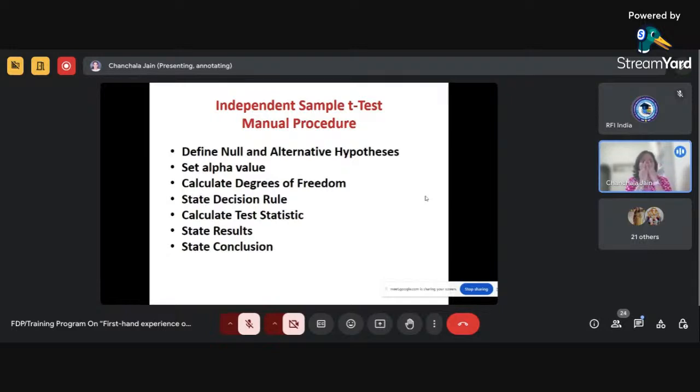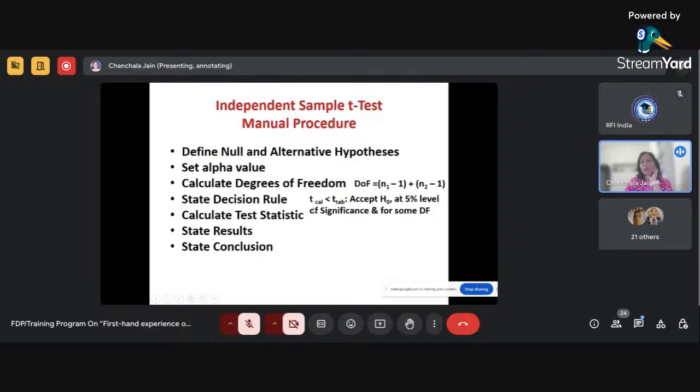Then we calculate the degrees of freedom, which is n1 minus 1 plus n2 minus 1. That means the sample size of the first group minus 1, plus the sample size of the second group minus 1, and the addition of these two gives you the degrees of freedom. Then you need to state the decision rule.